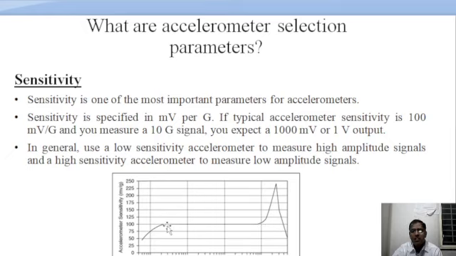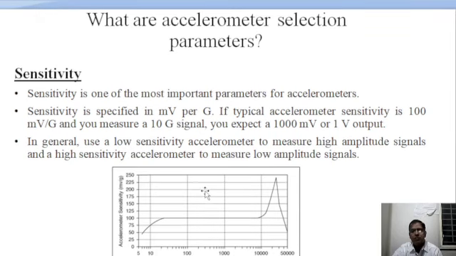After that, because of the resonance condition, at the resonance frequency, the sensitivity is quite high. So this 20 hertz to 10,000 hertz is the measurable frequency range of the accelerometer.